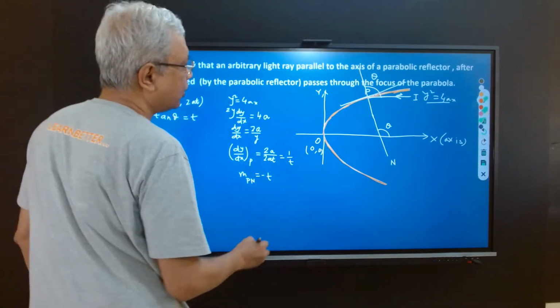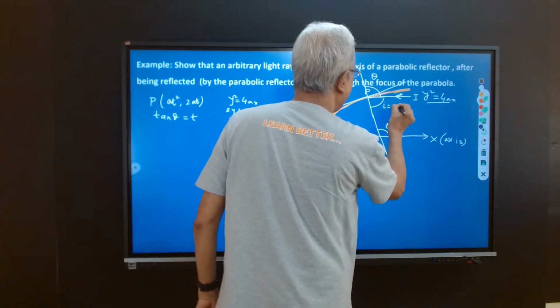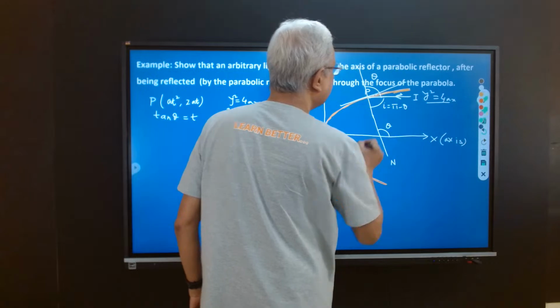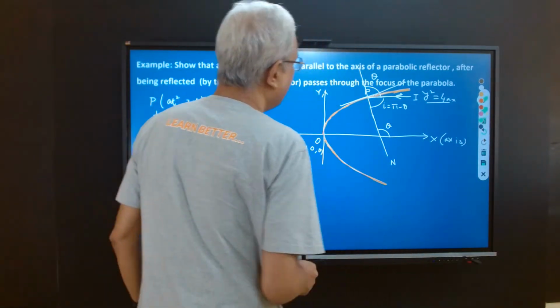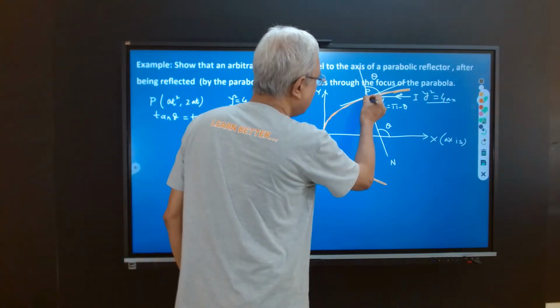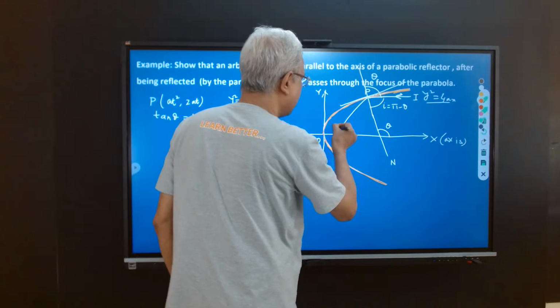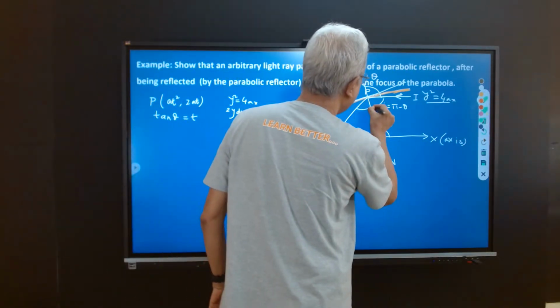So the angle of incidence I is nothing but pi minus theta. Now the angle of reflection will also be I.